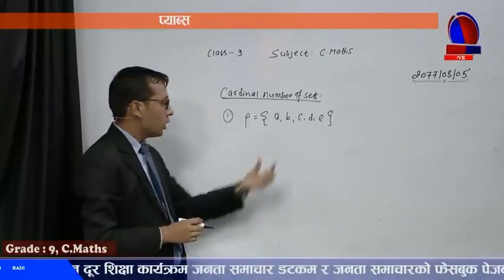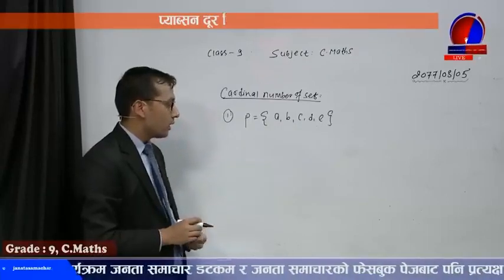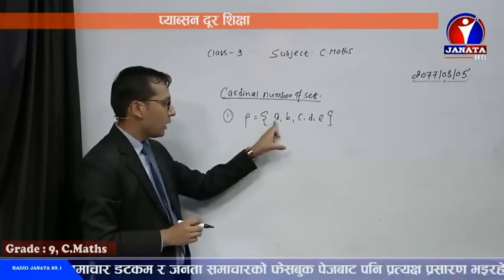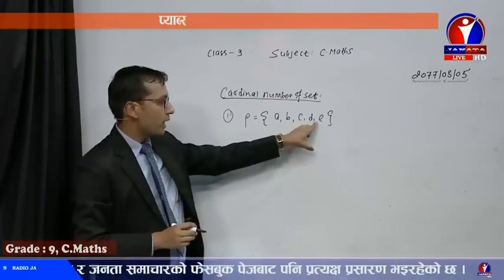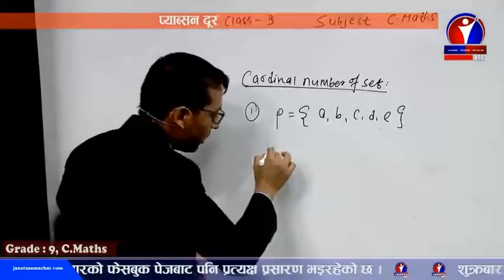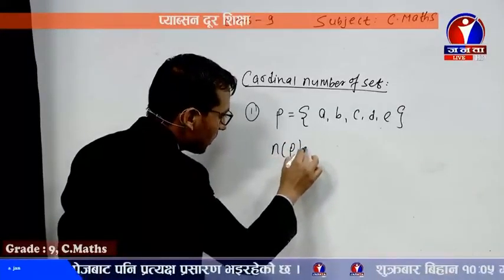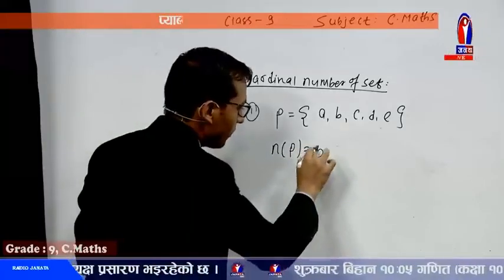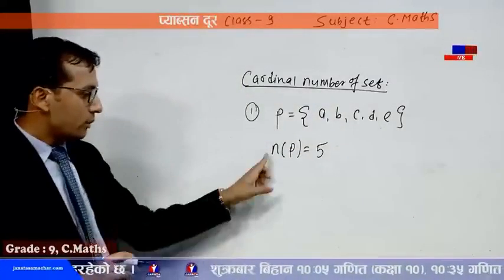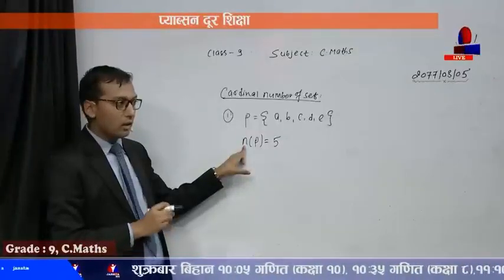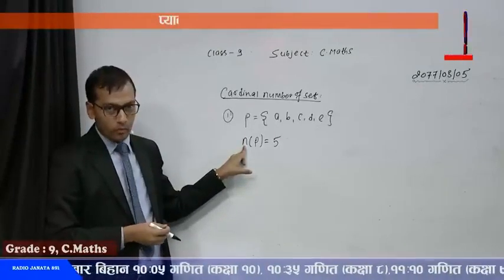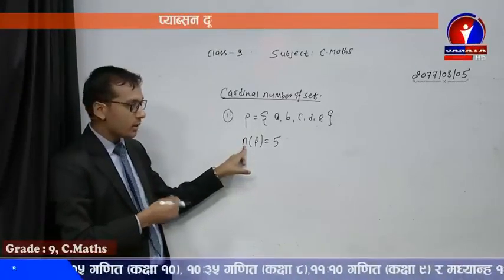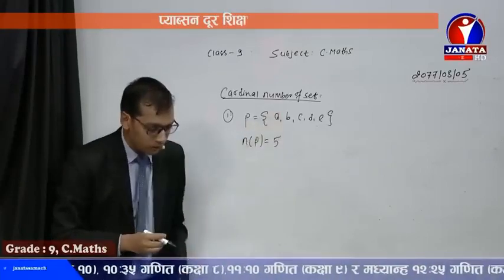What are the total number of elements? 1, 2, 3, 4 and 5. So what is the cardinal number? n(P) is 5. Here, what is the meaning of n? n means the number of elements present, or the cardinality of a set.